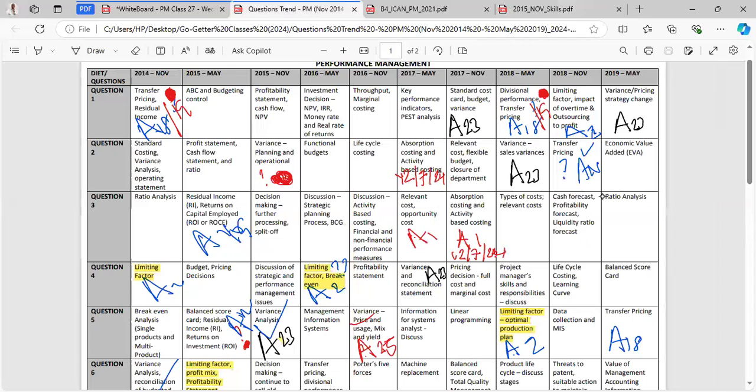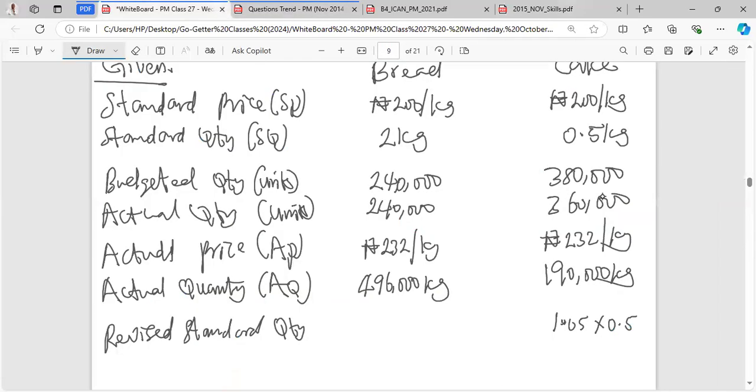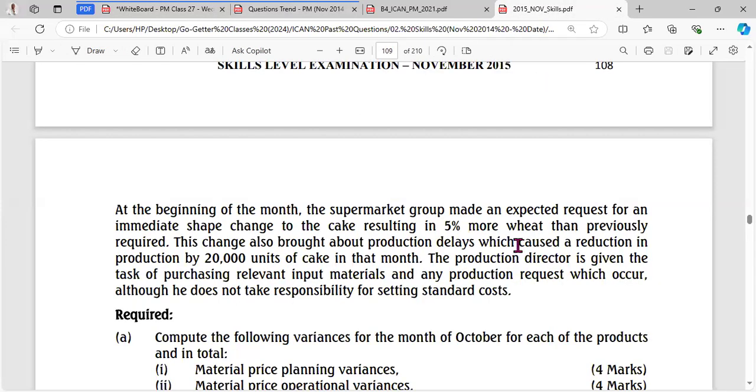The production director is given the task of purchasing relevant input material, although he does not take responsibility for setting standards. Setting the standards is management's, and so if there is a planning variance, it's not his responsibility.